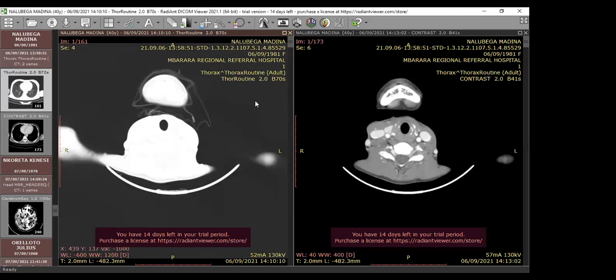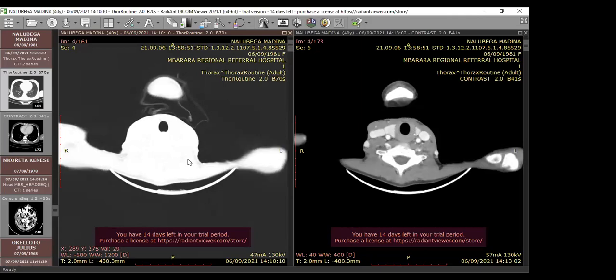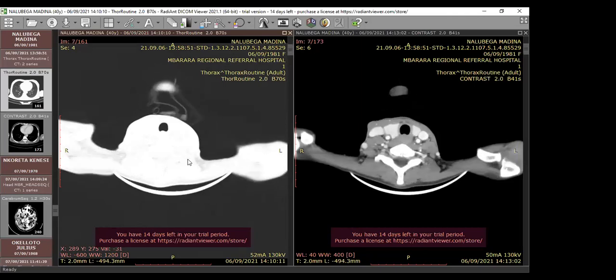So when we are looking at it, you can see now I have a mediastinal window on one side, and on the other side I have my lung window. So I can comfortably scroll through the slices.